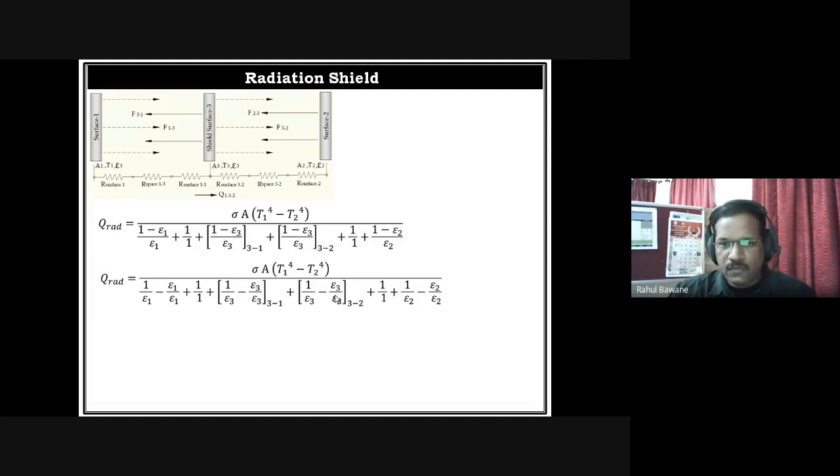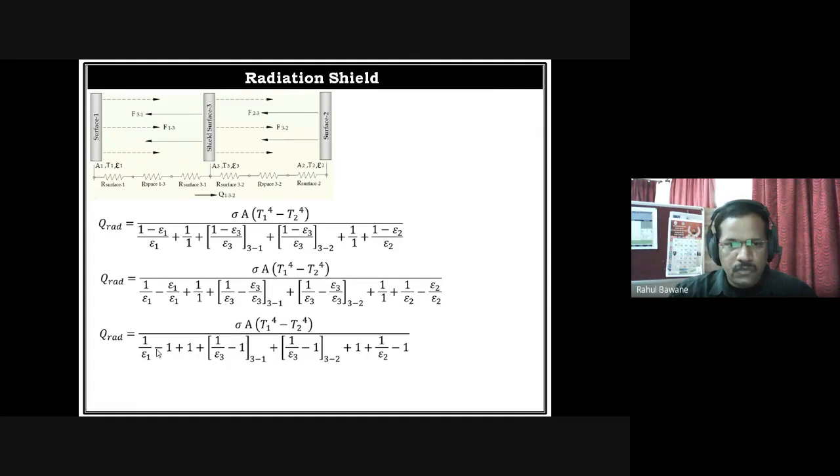Here also 1. So it will be a simple form now. 1 upon emissivity 1, this becomes minus 1, this becomes plus 1, so they cancel. In the bracket, 1 upon emissivity 3 minus 1 plus 1 upon emissivity 3 minus 1. Here it becomes plus 1. 1 upon emissivity 2 minus 1, so again plus 1 and minus 1 cancel.